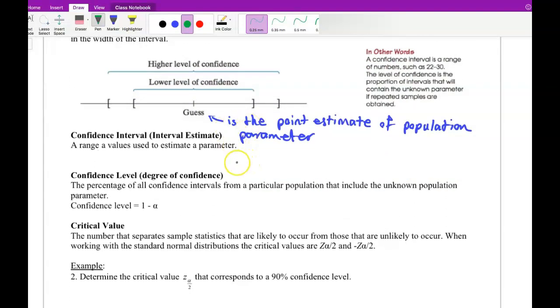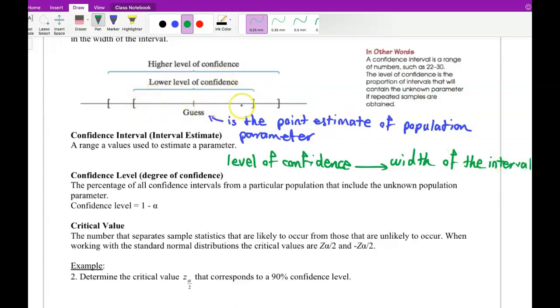So the level of confidence is related to the width of our interval. So this is the interval we have for the lower level, and this is what we have for the higher level of confidence.